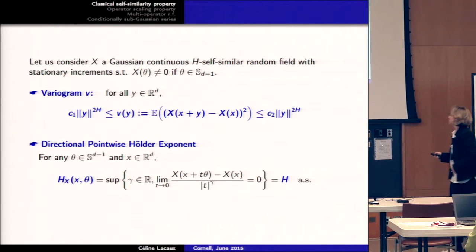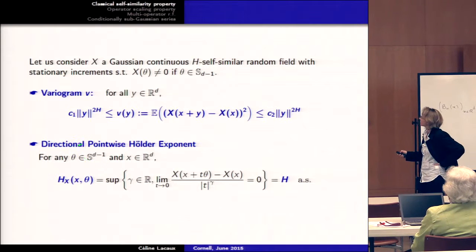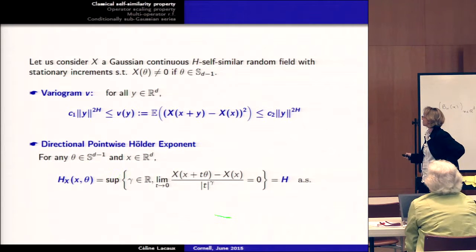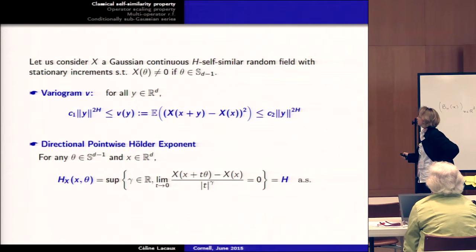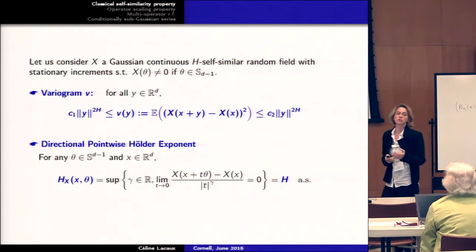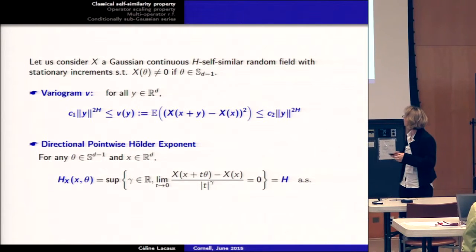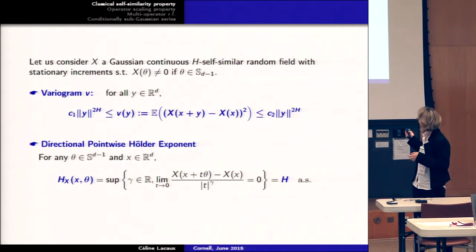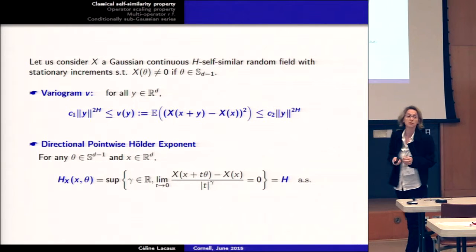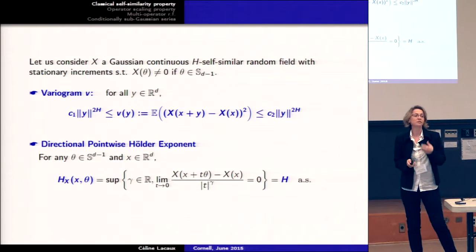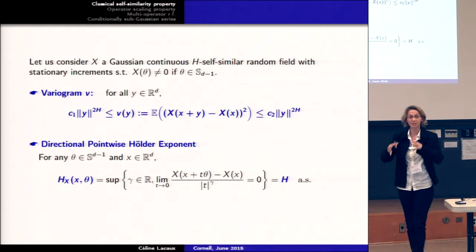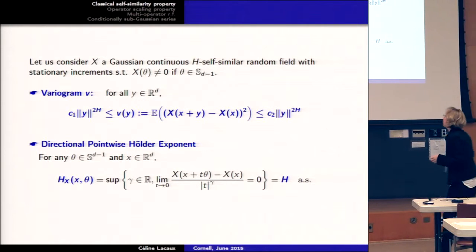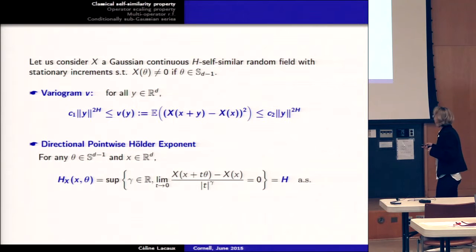That means that if you compute what I call the directional pointwise Hölder exponent, given by this quantity, in direction theta, it will be equal to H. This works as soon as I have a Gaussian self-similar random field with stationary increments. But self-similarity is a global property, and the model you construct usually satisfies this equality.